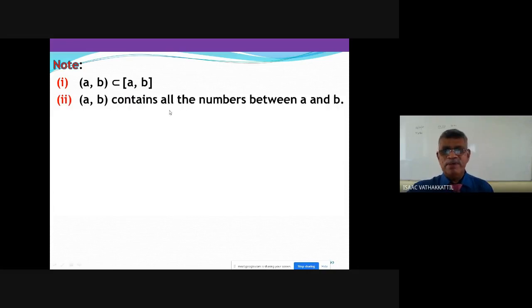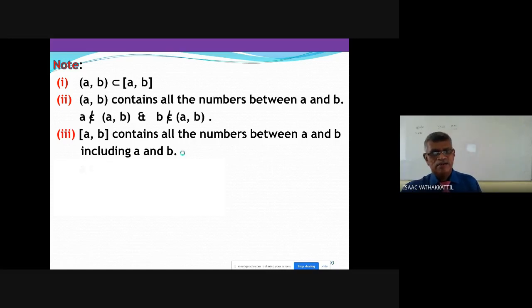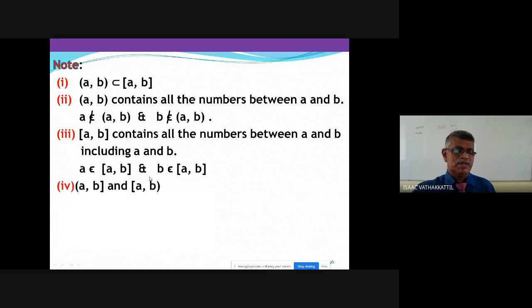Open interval AB contains all the numbers between A and B. A is not a member of open interval AB. B is not a member of open interval AB. But what about the closed interval? It contains all the numbers between A and B, and moreover includes A and B also. A is a member of closed interval AB and B is a member of it.